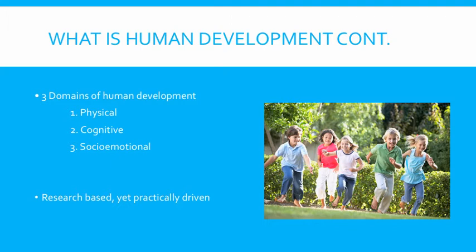Physical development basically means changes in appearance over time. It includes things like motor development, especially during the first year of life, changes that are occurring during puberty, and also physical changes that are occurring as we get older. Cognitive development, on the other hand, is understanding how we think. We will be spending a great deal of time this semester understanding how babies, young children, adolescents, and then adults think.